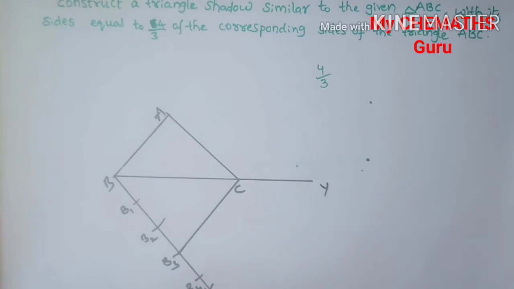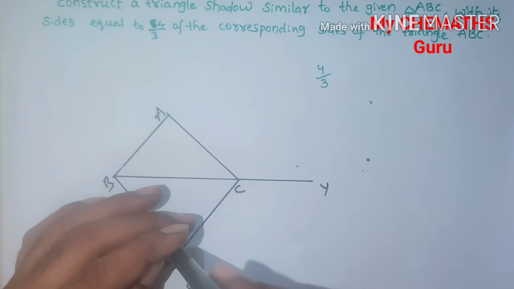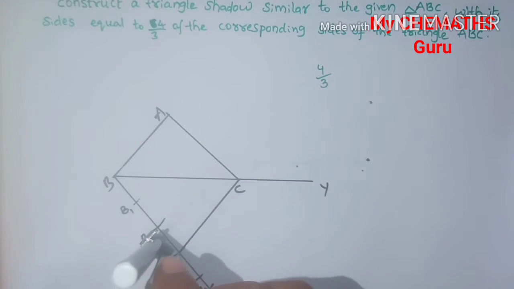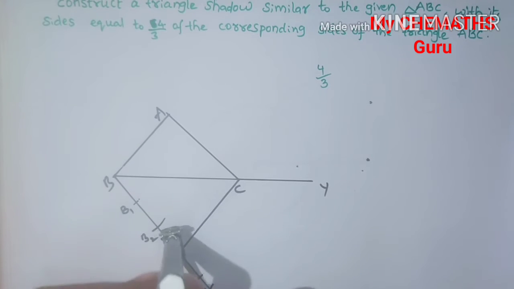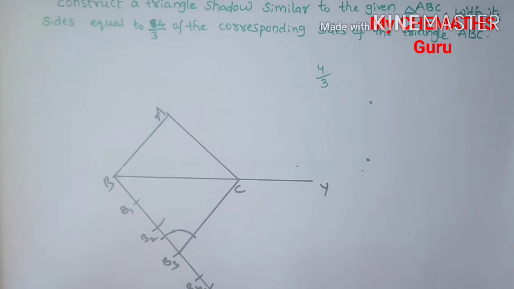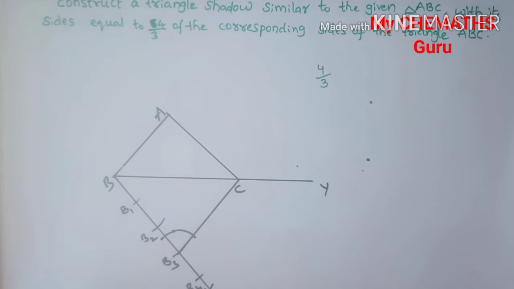Now, how to draw parallel? We discussed already in the previous session. See, I am reminding again. You have to make the corresponding angle equal. With a convenient radius, make an arc here, and without changing its radius, with center at B4, draw an arc like this.